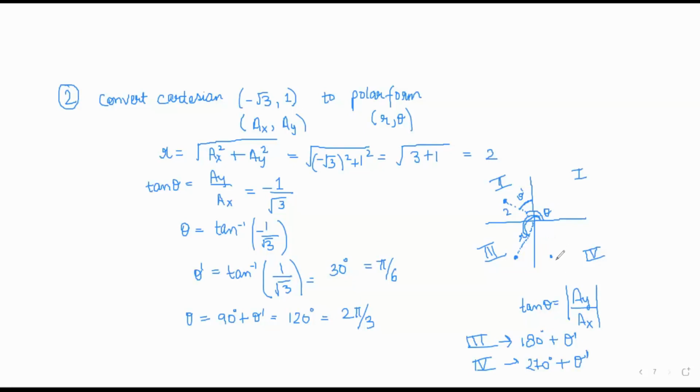Here one thing to notice is that for the fourth quadrant case, we are not subtracting, because we must be aware that theta in our convention is always taken in the anti-clockwise direction.